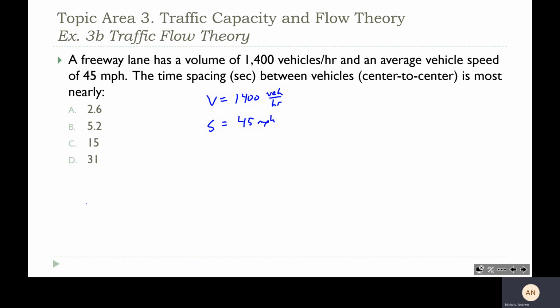So if we have 1,400 vehicles traveling down 3rd Avenue in an hour, what would be the interval between them if they were evenly spaced?